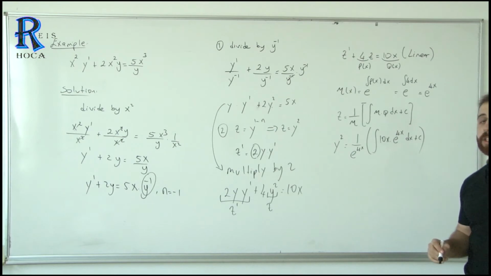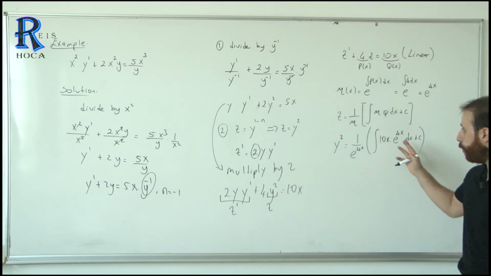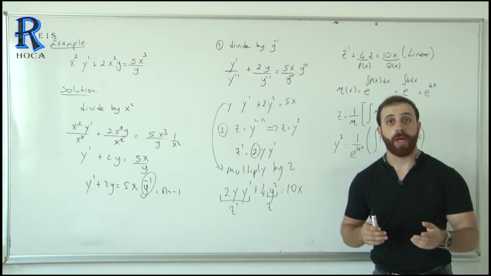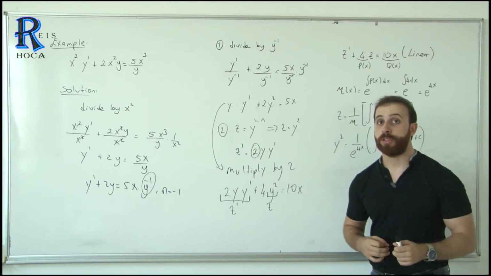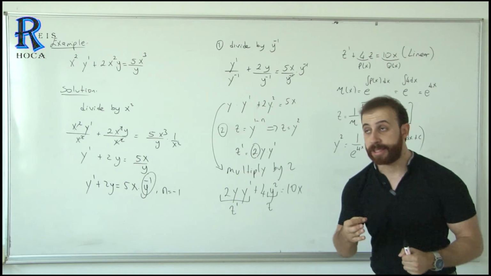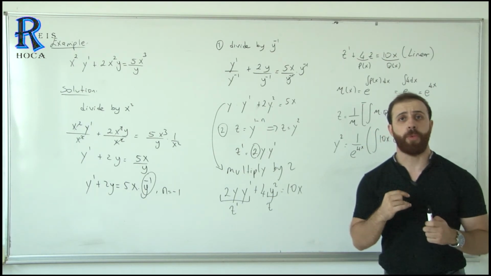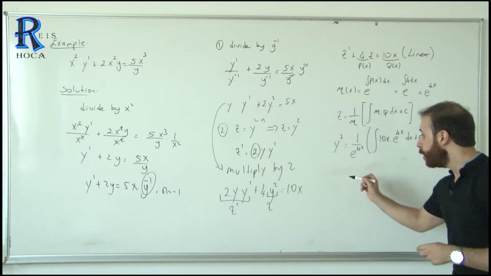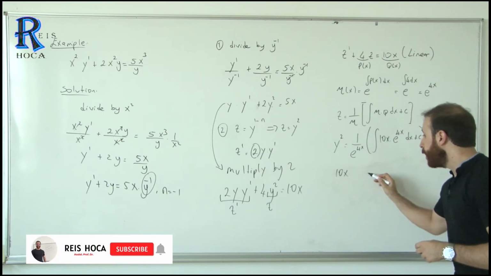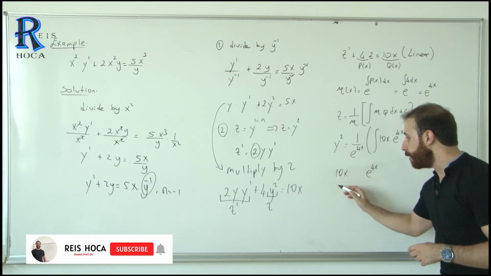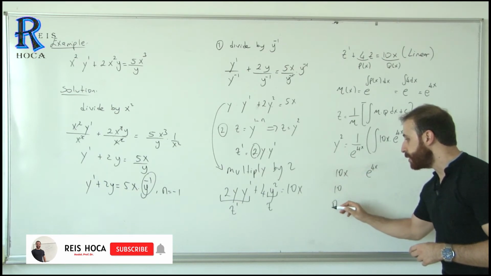What's this integral? e to the 4x times 10x. You can use integration by parts, or there is a simple technique if we have polynomials times a trigonometric function or polynomials times an exponential function. For the polynomial part, take derivatives: derivative of 10x is 10, derivative of 10 is 0.